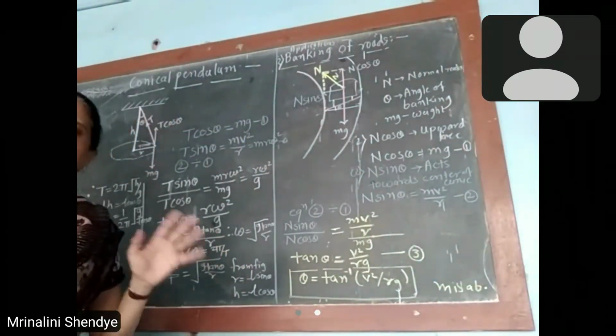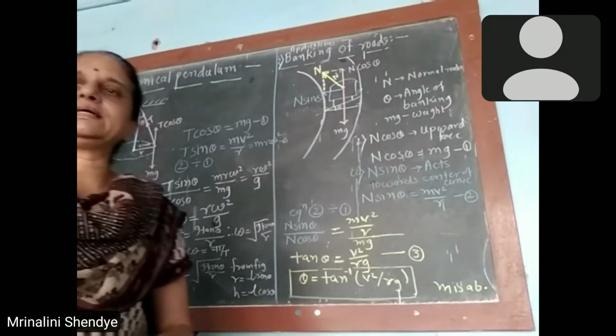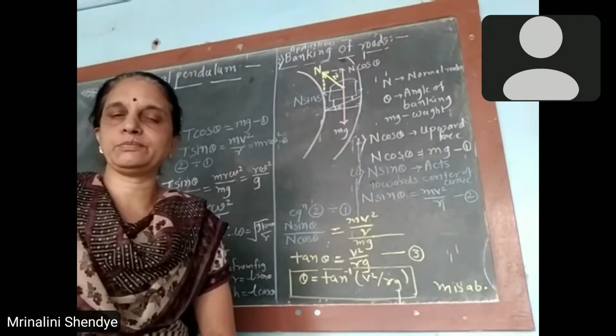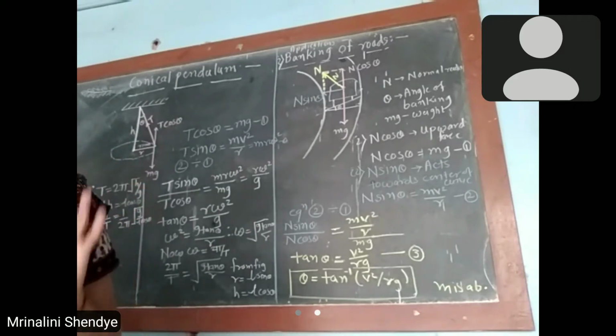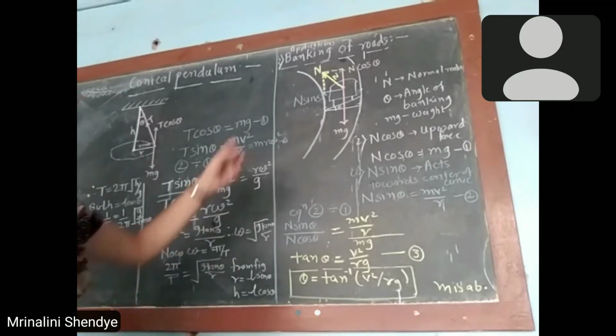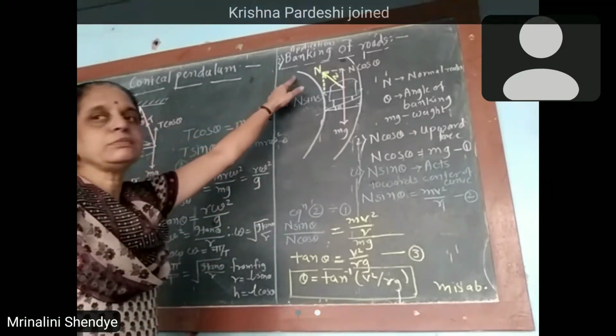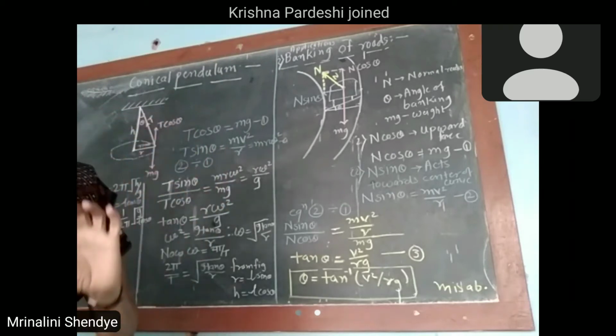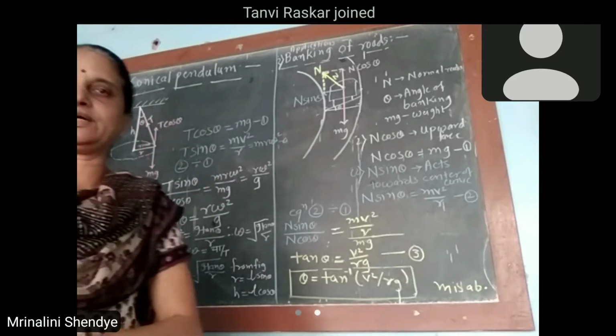So we have already bifurcated that into uniform circular motion and the second type, that is non-uniform circular motion. We have to see today the application of uniform circular motion as well as non-uniform circular motion.